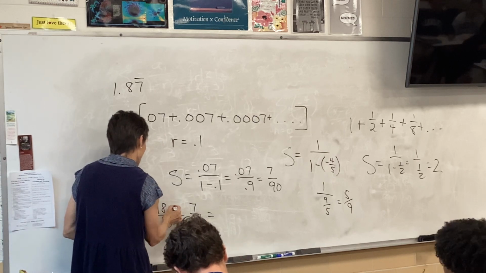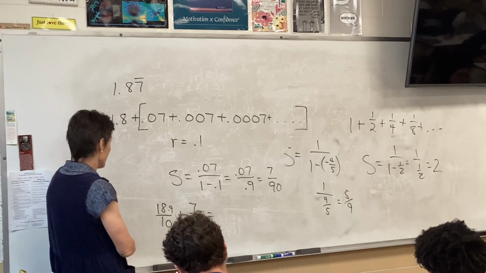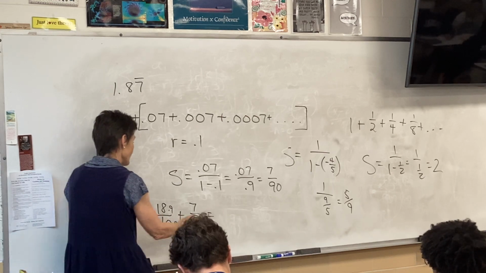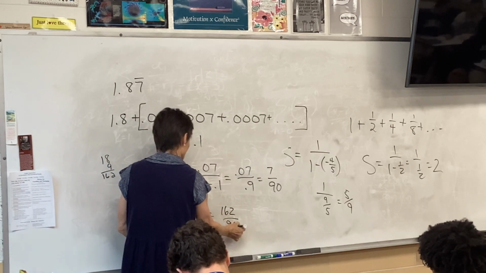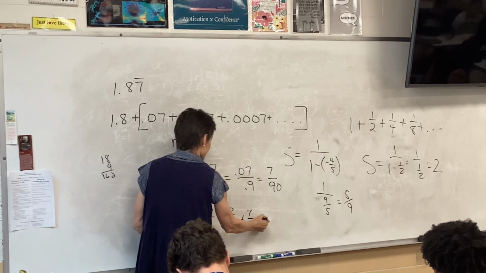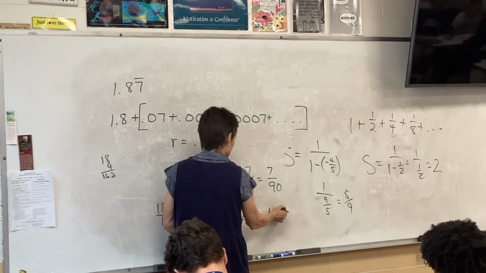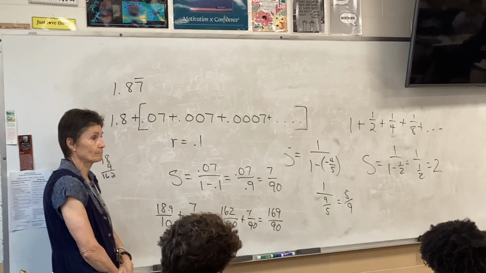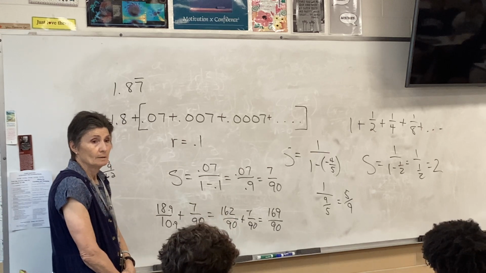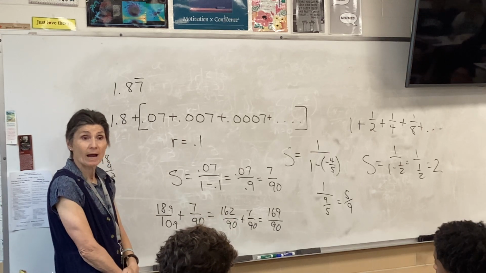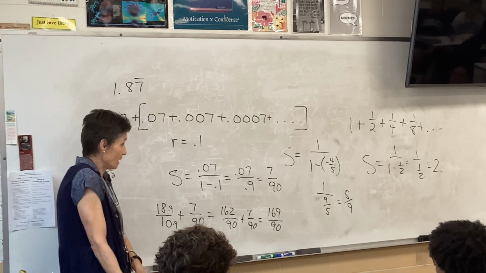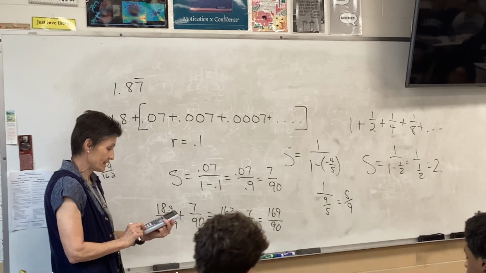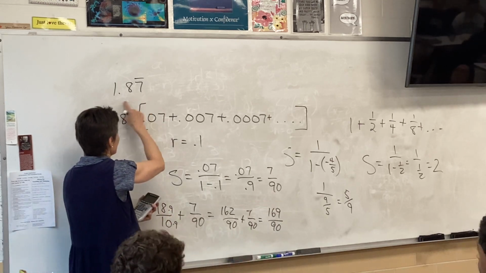So let's get a common denominator. 162/90ths plus 7/90ths, 169/90ths. And that is the fraction, with any luck, if I did it right. 169 divided by 90 gives me that guy right there.